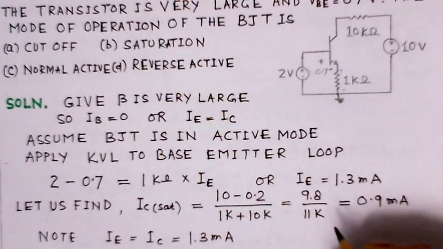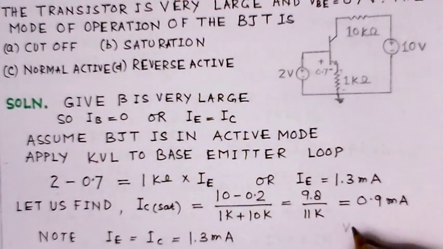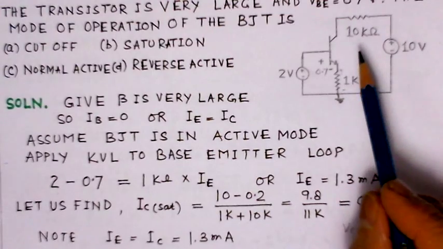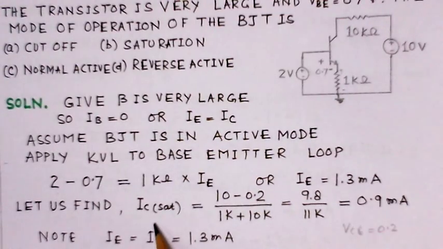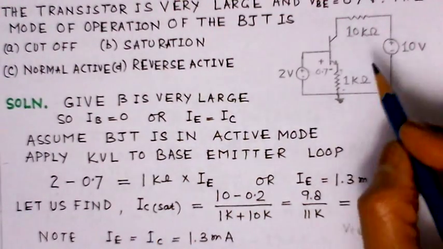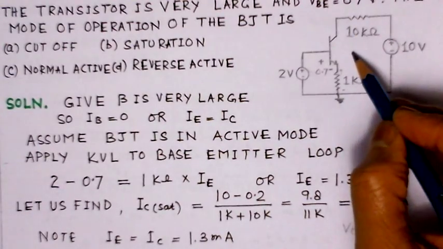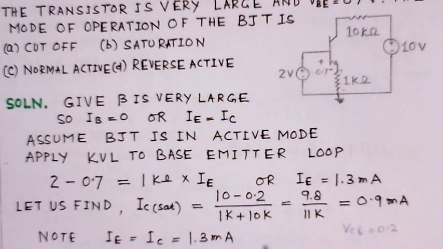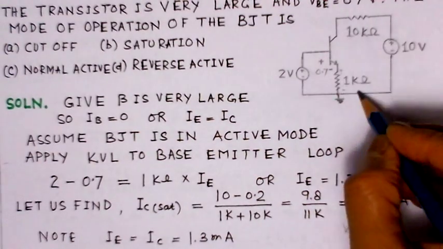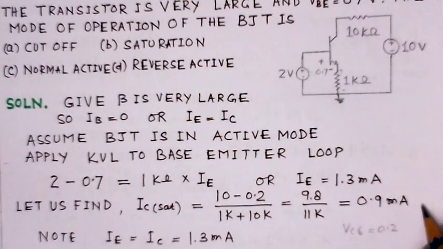When the transistor is in saturation, the value of VCE is about 0.2 volts. So we can apply this and find the IC saturation value, that is 10 volts minus 0.2 volts, that is the VC voltage, divided by 1 kilo ohms plus 10 kilo ohms. This gives about 0.9 milliamperes.